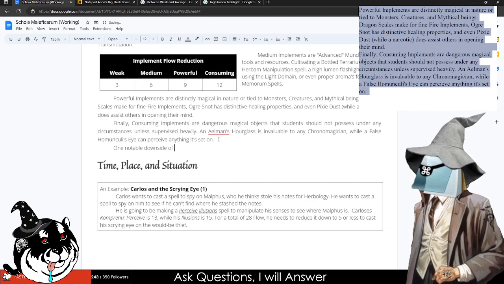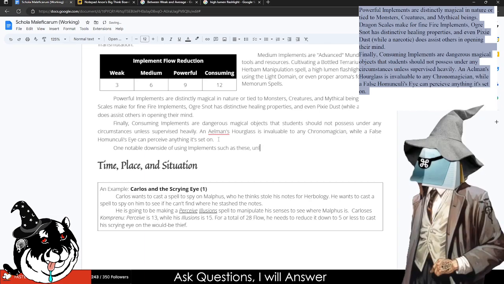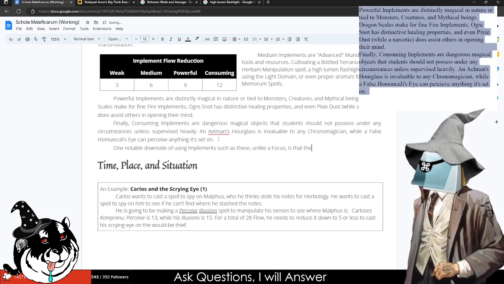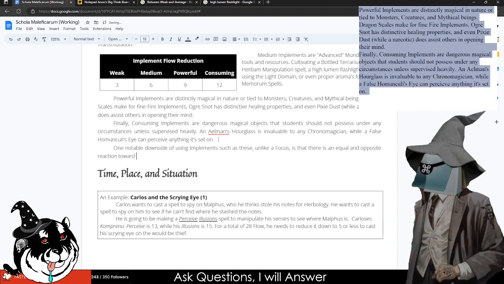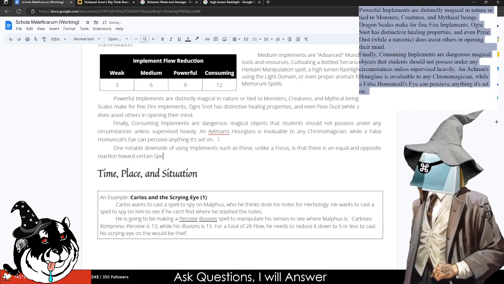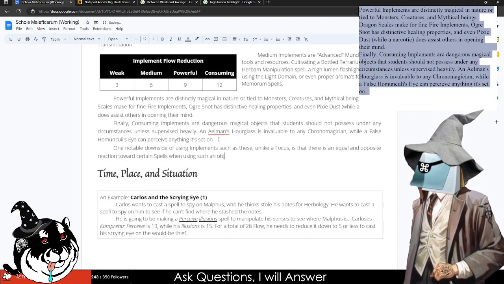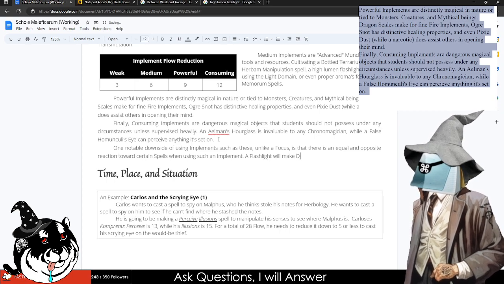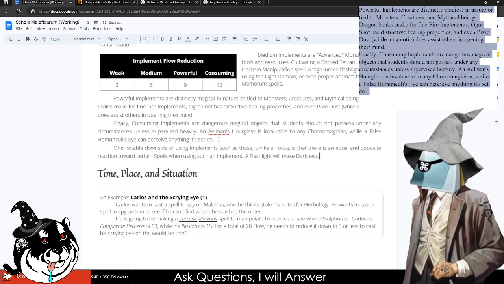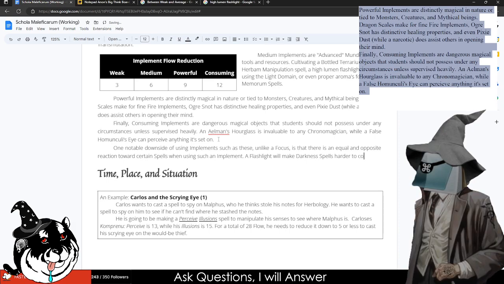One notable downside of using implements such as these, unlike a focus, is that there is an equal and opposite reaction toward certain spells when using such an implement. A flashlight will make darkness spells harder to control.